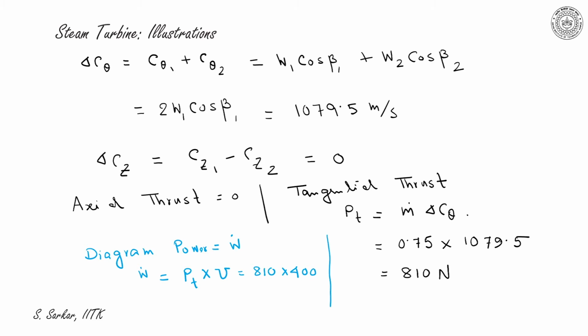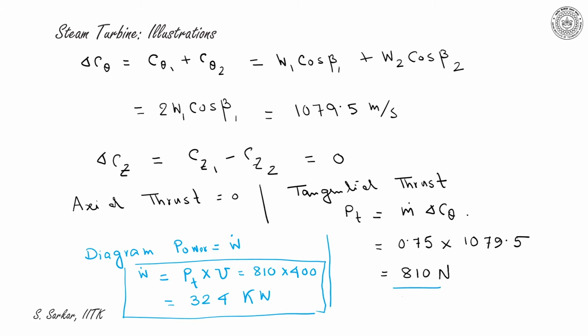So this I have got around 324 kilowatt. So I have got another answer, right? So I have evaluated diagram power, and this is the tangential thrust, and axial thrust is 0.